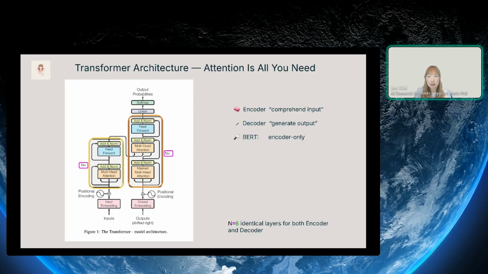And this is why encoder-only models like BERT are for classification tasks. Decoder-only models like GPT and all your favorite Gen AI models are for generation tasks. And encoder-decoder models like BART are for sequence-to-sequence tasks, such as summarization, translation, and style transfer.